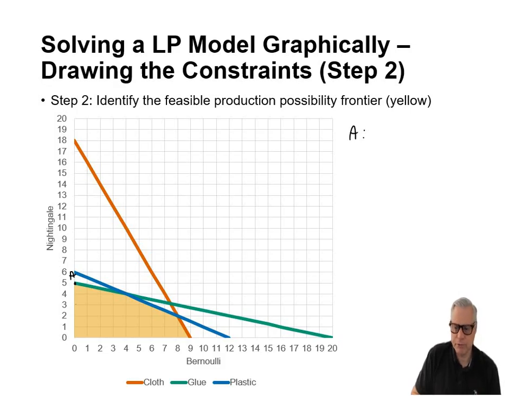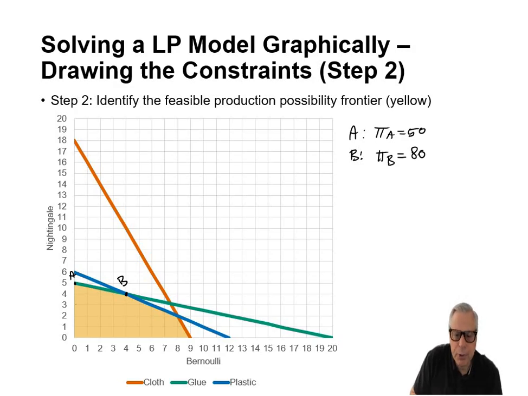Because the unit profit for each is 10, the total profit, which I abbreviate with pi A, would be 50. Let's take this point here. I could also produce, for example, 4 Bernoullis and 4 nightingales. So then that would be point B. And I call it profit B. 4 and 4, that would be 80.